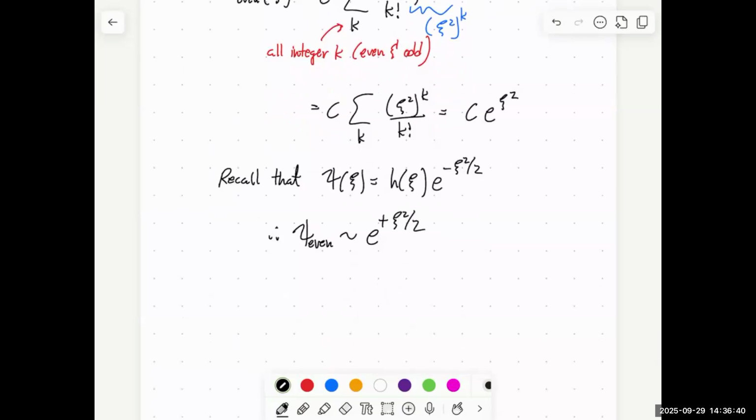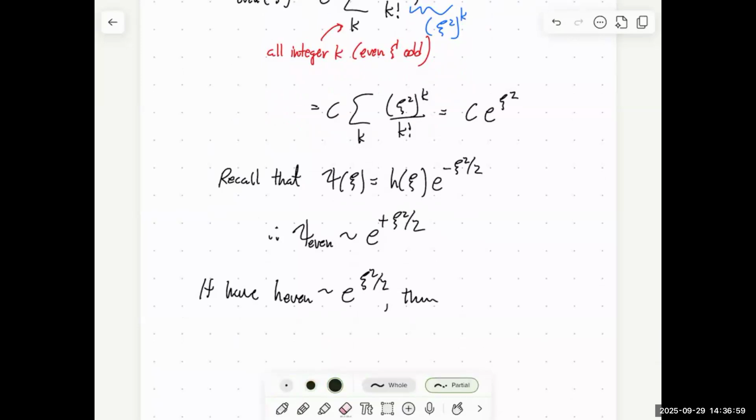So if we have H even going as e to the z squared, then our wave function, or the even part of it, is going to go to e to the plus z squared over 2.